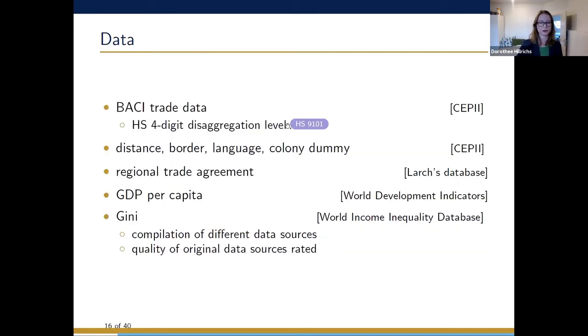We have in total 365 consumption products. We're using, as I mentioned, trade determinants that are common in the literature, and we use the Gini data from the World Income Inequality Database in the first step to classify all these varieties.